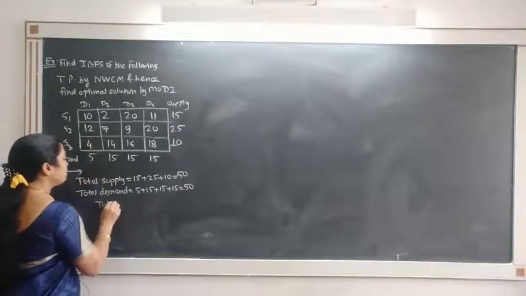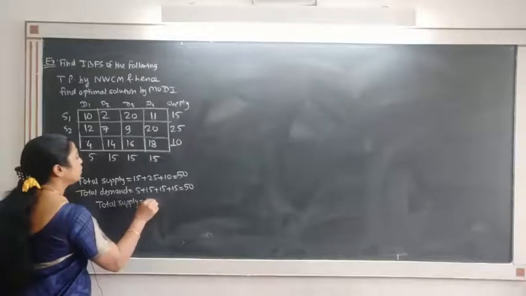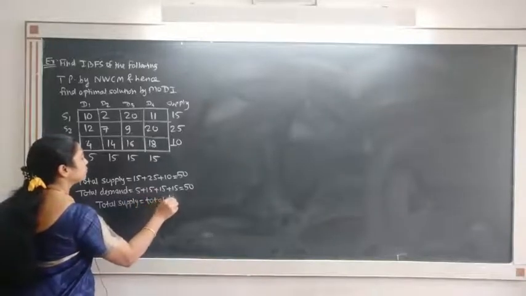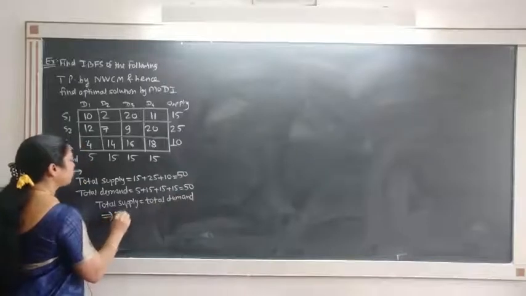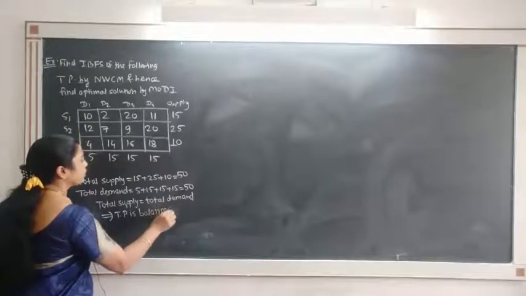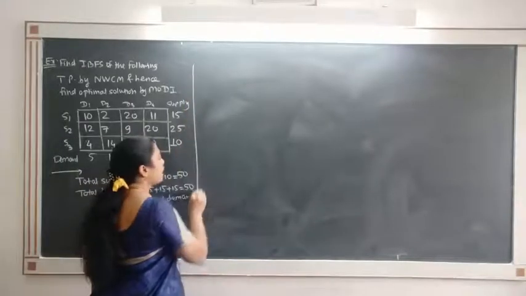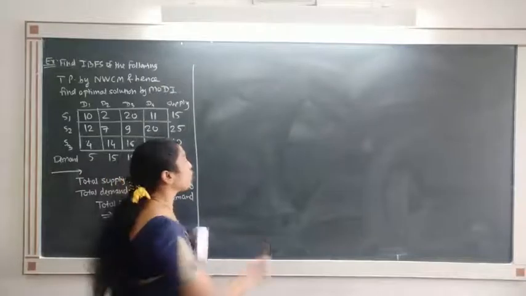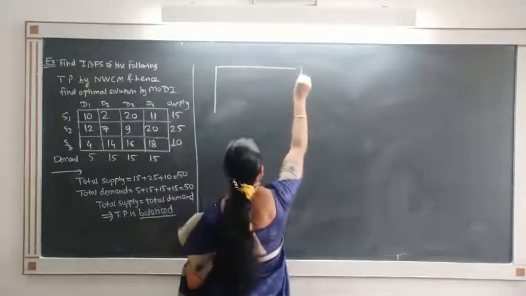Therefore, total supply is equal to total demand. Therefore, the transportation problem is a balanced transportation problem, and because it is balanced, we can apply the northwest corner method to find the initial basic feasible solution.